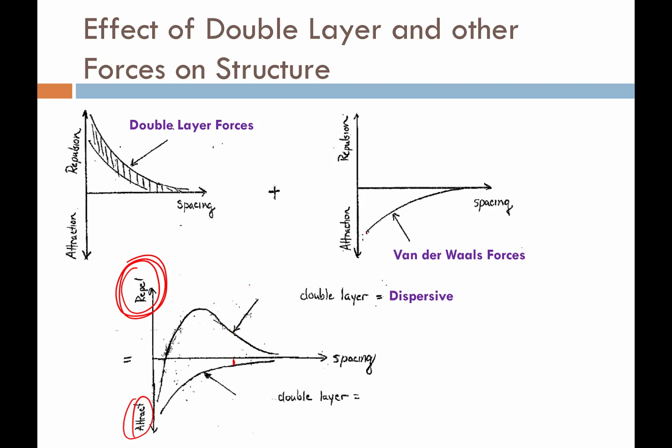Now, if we get into a spot where the attractive forces are larger than the repulsion forces, then we can have what we call a flocculated clay. And a flocculated clay means that the clay particles do connect and they do touch, and they form a flocculated structure. So there's places where the double layer is weak or thin, and it allows the particles to bond together.